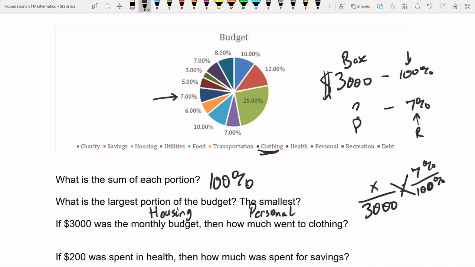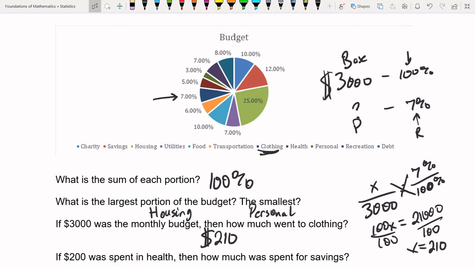So we have 100x equals 7 times 3,000. This is just 21,000. And divide by 100. X equals $210. So they spend $3,000, and the budget says they should be spending about $210 per month on clothing. If that's accurate, I don't know, but that's what we have written here.